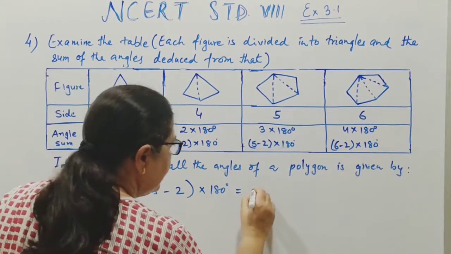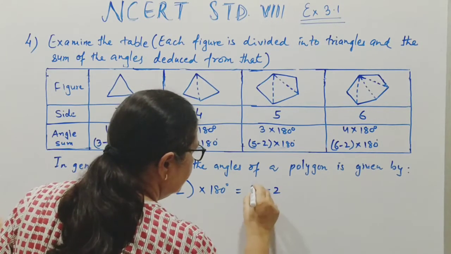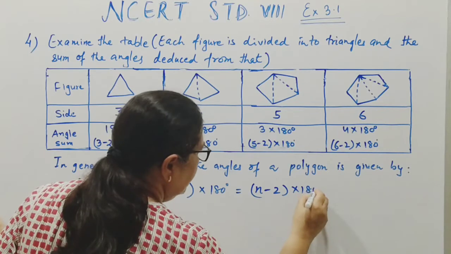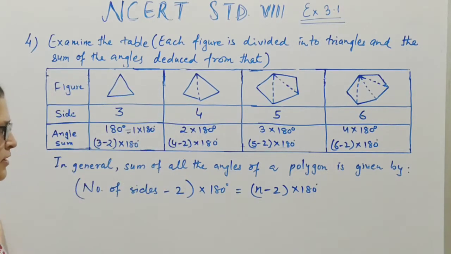If we take the number of sides as n, so it is n minus 2 into 180 degrees. This is our deduction.